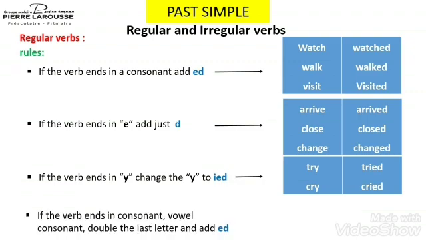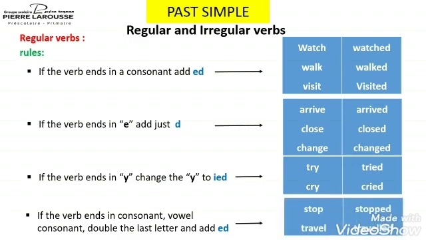The last one, if the verb ends in consonant, vowel, consonant, double the last letter, which means the last consonant, and add ed, like this: stop, stopped. So we double the last consonant, which is p.